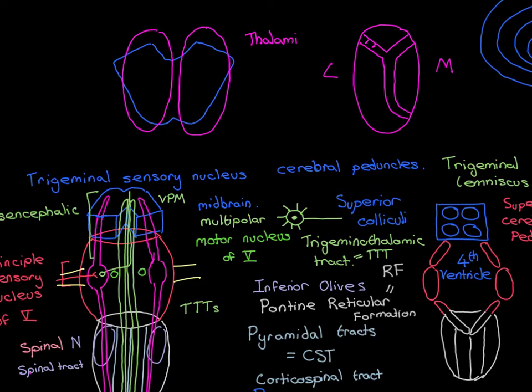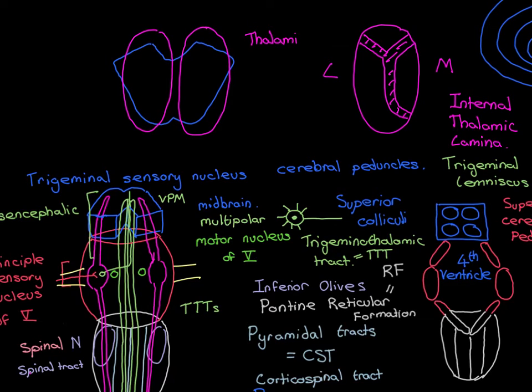So I'll just sort of colour this in pink here and then write down its name. So that structure, that is the internal thalamic lamina that we use as a structure to divide the thalamus up. So internal thalamic lamina.